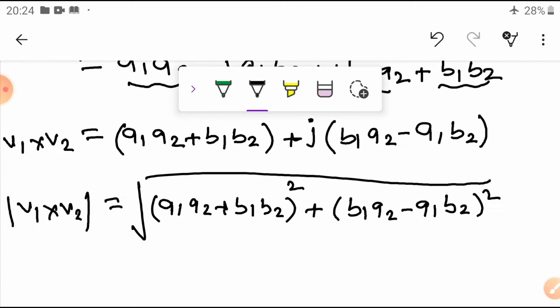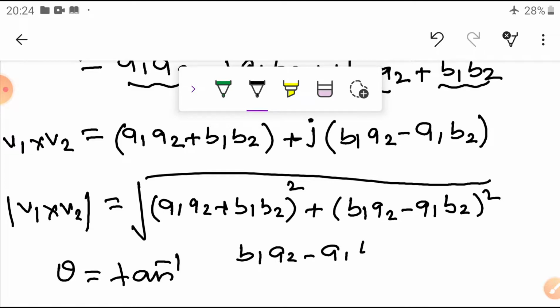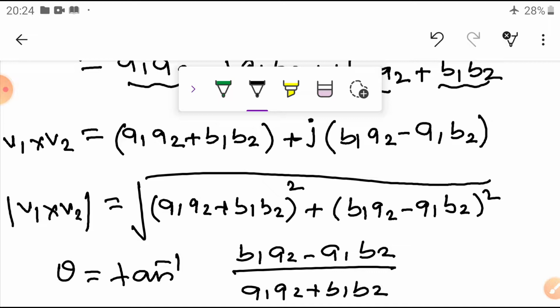What is the angle? Tan theta. So, theta is equal to tan inverse of this by this one, that is B1 A2 minus A1 B2 divided by A1 A2 plus B1 B2, imaginary part by real part. We can calculate theta, but it takes more time.